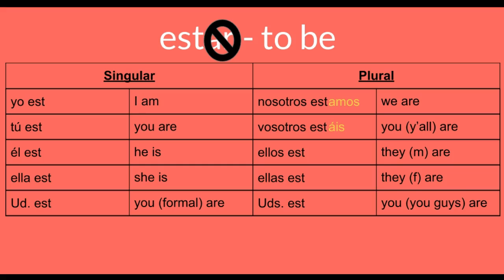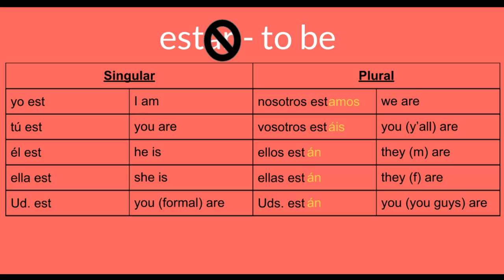Ellos, ellas, and ustedes are going to conjugate almost like any other third-person plural form of an AR verb. However, the difference is that you're going to have an accent over the letter A in this form. So ellos están, ellas están, ustedes están. You can see they each have an accent over the A. We're going to skip the yo form for just a moment.